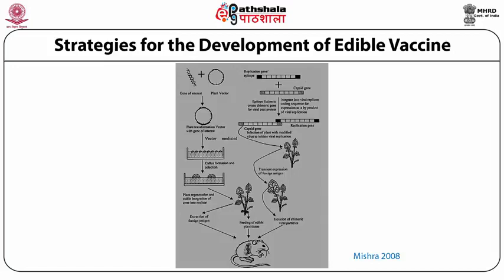Either this can be done through transformation of callus cultures, production of protein and generation of plants, and the plant parts can be directly consumed, or a gene of interest can also be expressed via viral vectors in the plants, and fusion proteins, epitope proteins can be expressed through viruses in the infected plants. These viruses are disarmed, they do not cause plant disease, whereas they produce proteins which can be made available as vaccine.